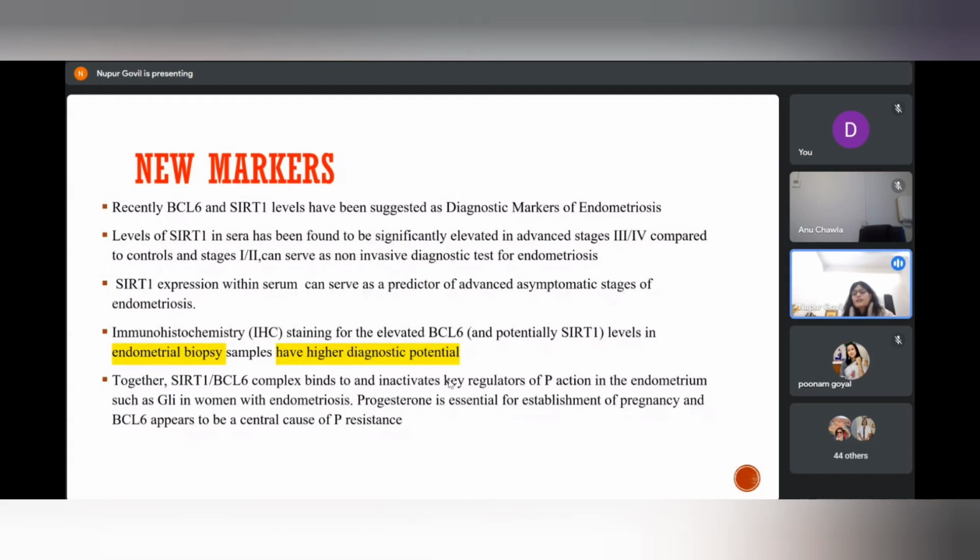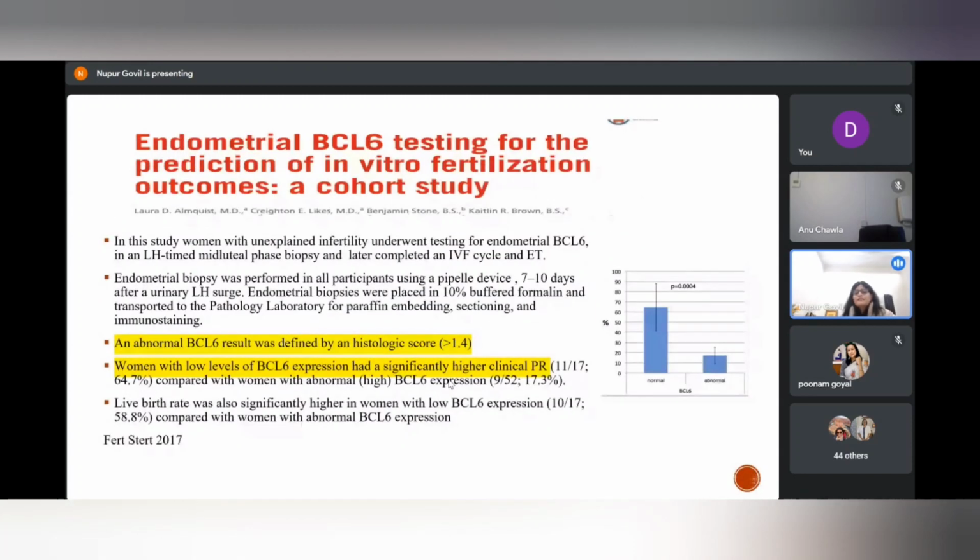Such patients require a higher dose of progesterone for establishment of pregnancy, and they need to be treated for endometriosis. In one study, they found that women with low BCL6 expression had a significantly higher clinical pregnancy rate compared to women with higher BCL6 expression.